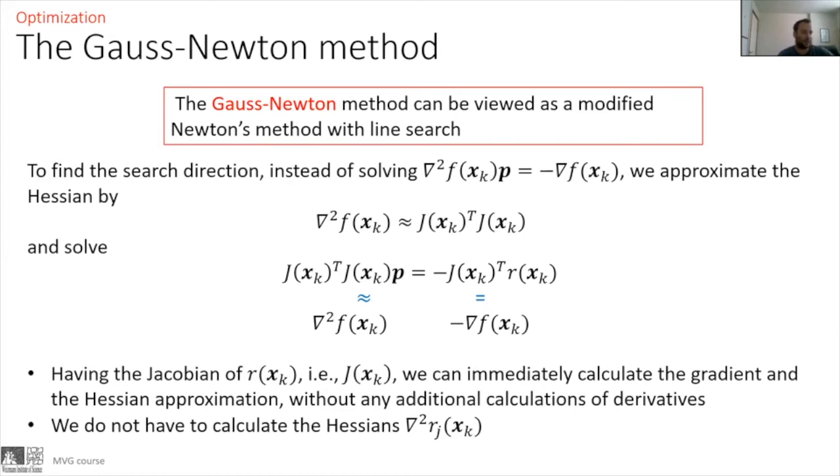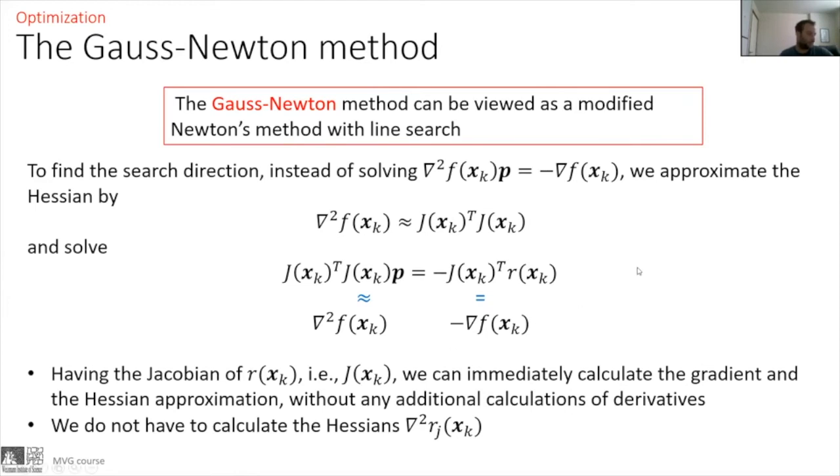You can build a counterexample where it's not an optimal choice to neglect the second term, but in general it leads to a descent direction. We will see it in one slide, and in practice, the second term near the minima can be neglected.